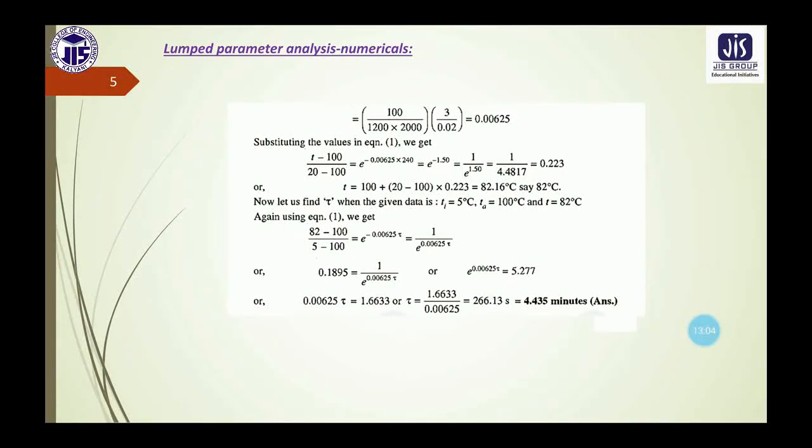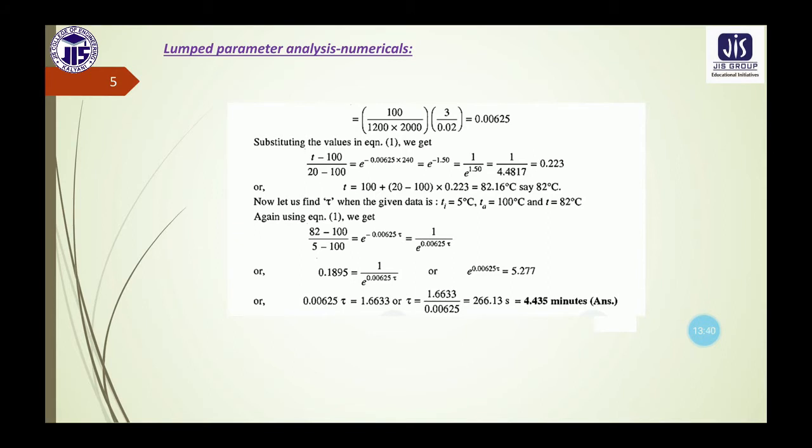So ultimately we are getting the value of hA by rho Vc equals 1.00625. Now if we use this value in the equation of the Lumped parameter analysis, only the value of T, the temperature, is unknown to us.